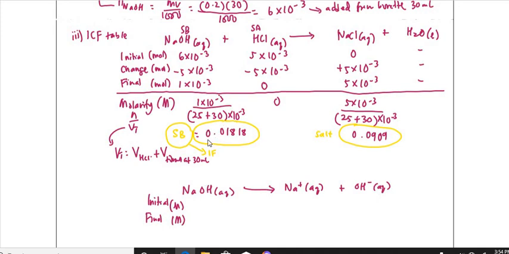So since this molarity for NaOH is 0.01818, initial, no, at the final the molarity for NaOH will become 0 because 100% dissociate. This is a stoichiometry of 1 to 1, that means the molarity is similar.